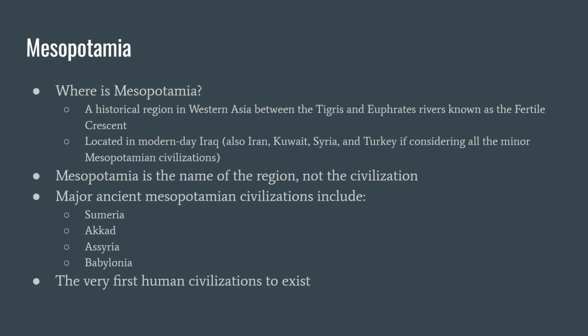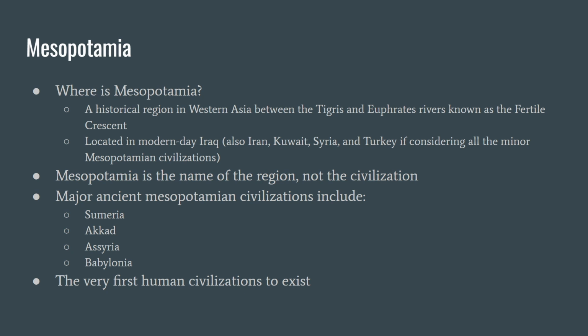Mesopotamia is not a single civilization. It is actually the name of the region that these civilizations started in. We call them Mesopotamia instead of referring to each civilization separately, because they're all very culturally similar and they're all from the same location.